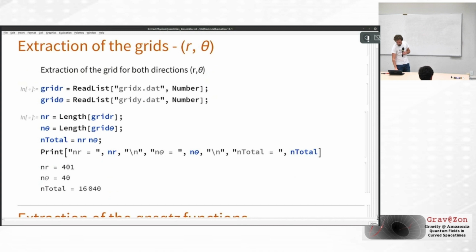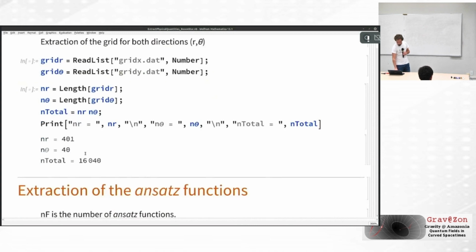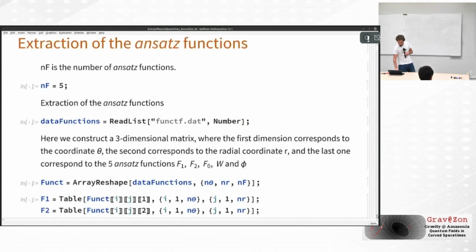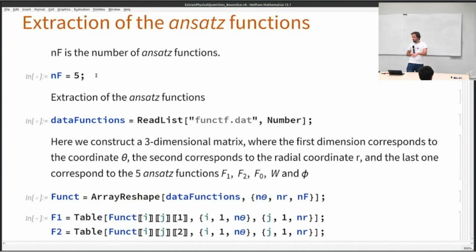You can see how many points we had in each grid. For example, here we have 401 points in the radial direction and 40 points in the theta direction. And then you start to extract the functions. So I define how many functions there are. In this case, there are 5. In the Kerr case, there are 4. But if you go, for example, for a Proca star, there are, if I'm not mistaken, 7 or 8. One of the two.